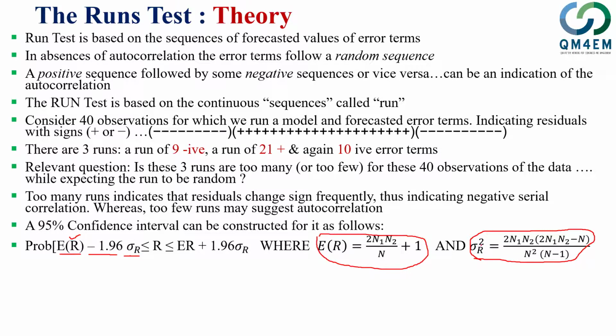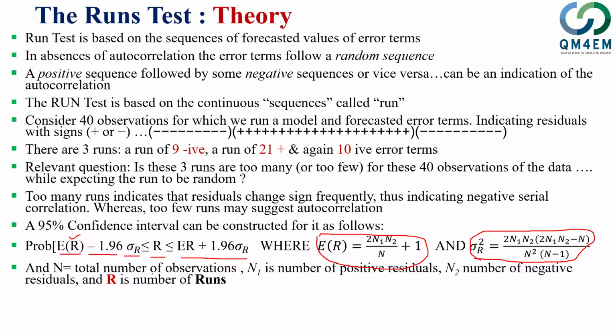So you can obtain ER and sigma R values from these two formulas, and you can plug them in, mean minus 1 standard deviation and mean plus 1 standard deviation, and the R value should lie between these two. What is R? R is the number of runs.